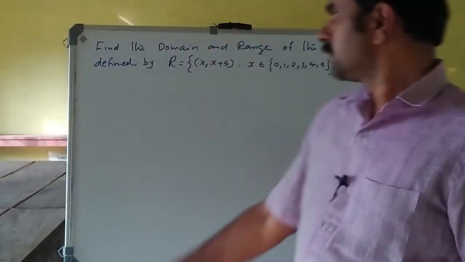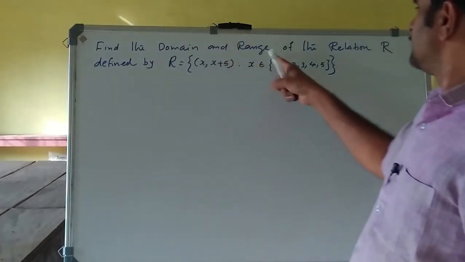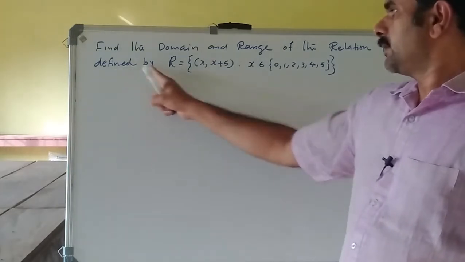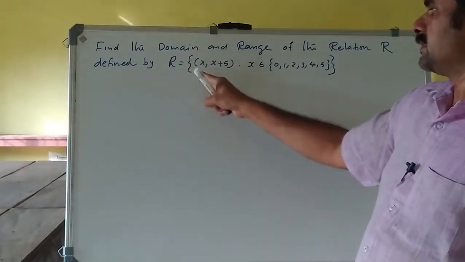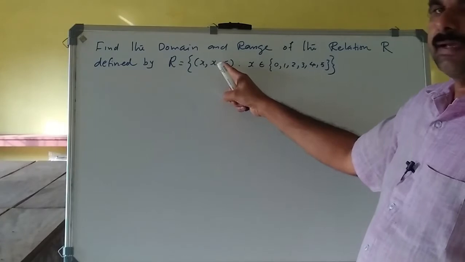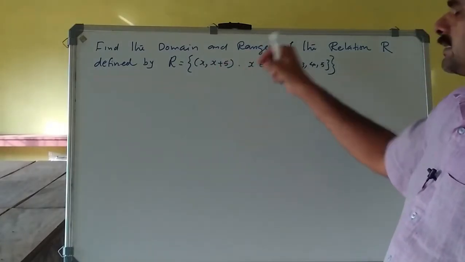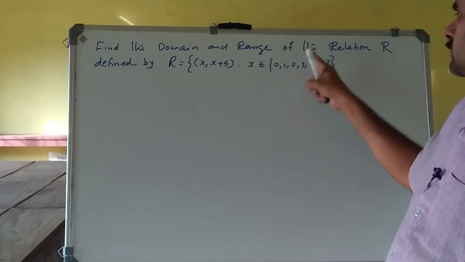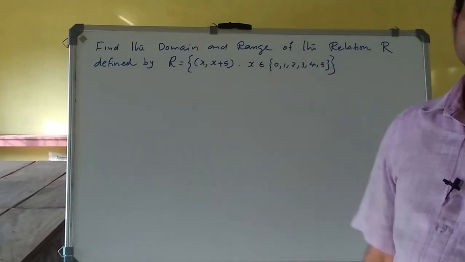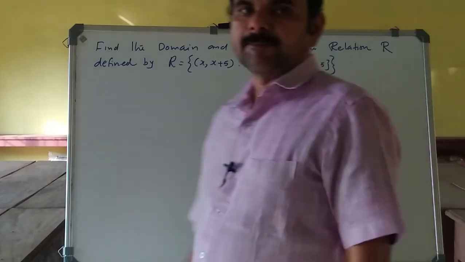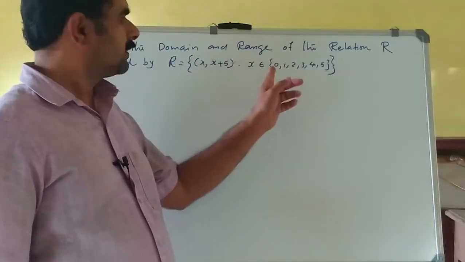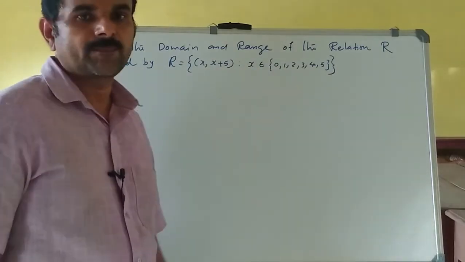Question: find the domain and the range of the relation R defined by R equals the set of (x, x plus 5) such that x belongs to the set {0, 1, 2, 3, 4, 5}. Here the relation is given in set builder form.